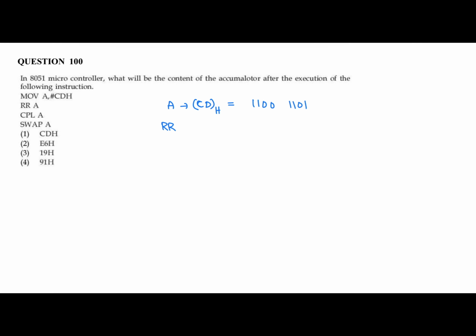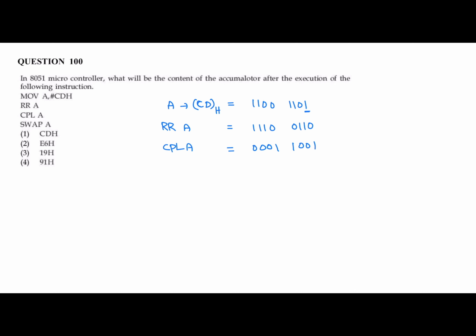After executing this instruction, this LSB bit is moved to highest position, 1110 0110, and all bits are shifted by 1 bit right side. Next is complement accumulator. So ones become zeros and zeros become ones. 0001 1001. Next is swap.